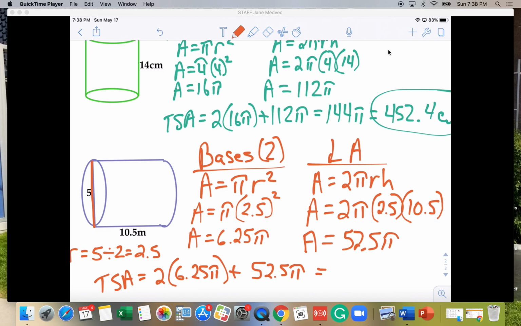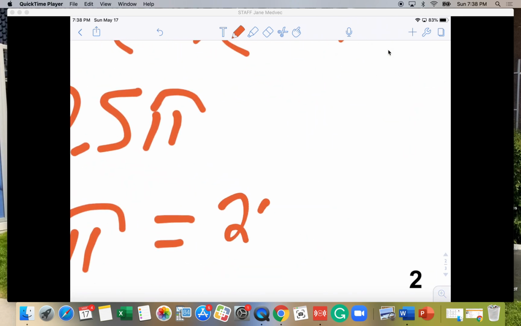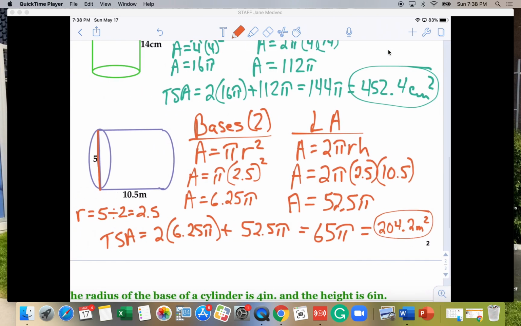So 6.25 times 2, and then I'm going to add 52.5, and you end up with 65 pi. Use your pi key, and the total surface area is 204.2. And that would be meters squared. Squared because, again, we are using area.